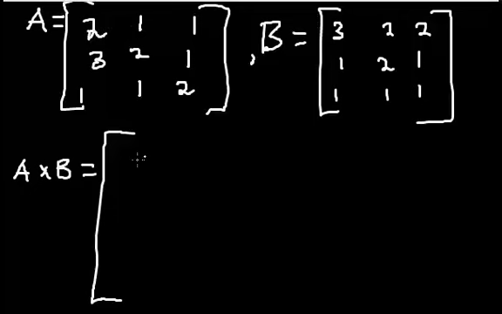So now I'm gonna start. First of all, that's gonna be 2 times 3, then plus 1 times 1, then of course plus 1 times 1. Okay, so the same row, I'll go again for second column.